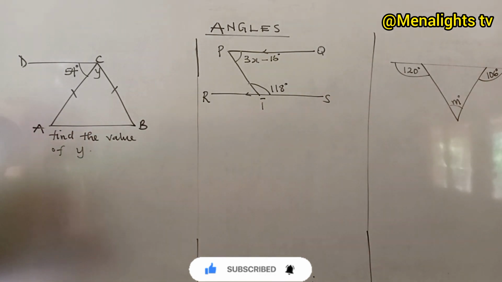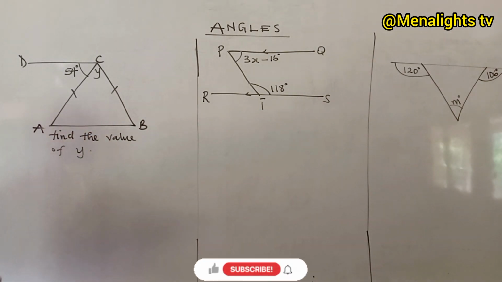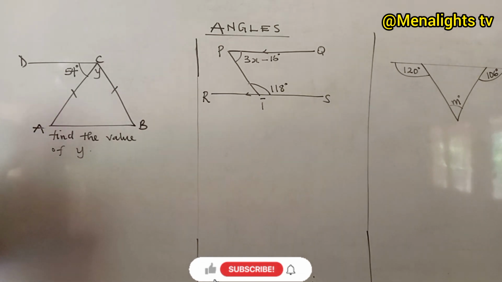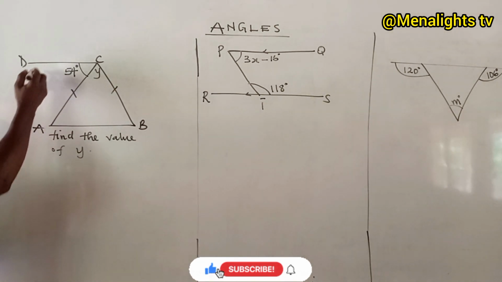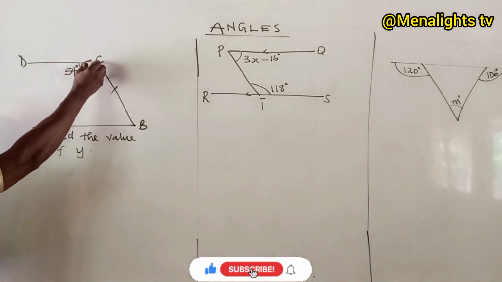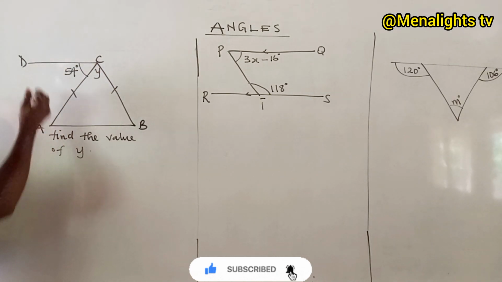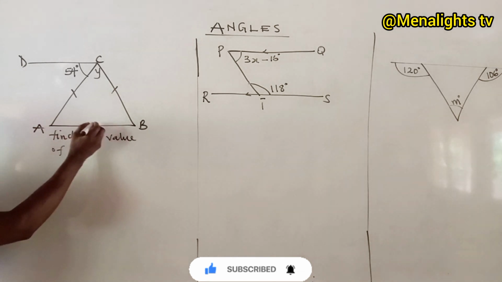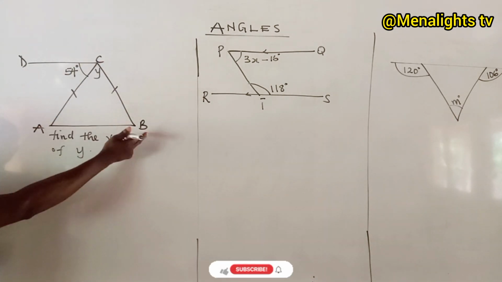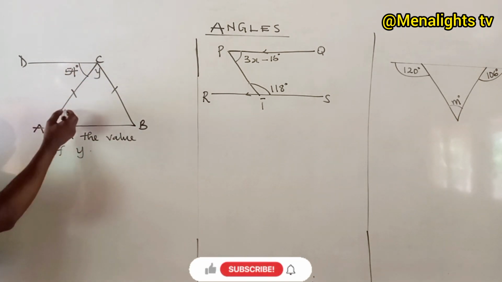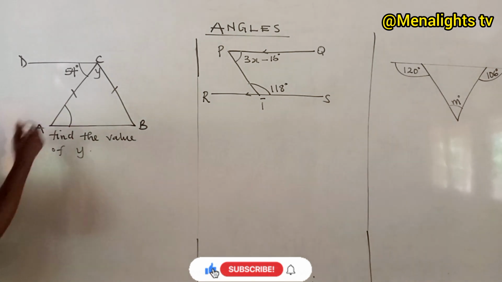So what we have to do is what? We have to look at angle properties. So looking at angle properties, you realize that the angle at C here, the angle DCA is alternate to CAB. So this angle 54 here is the same as the angle here.